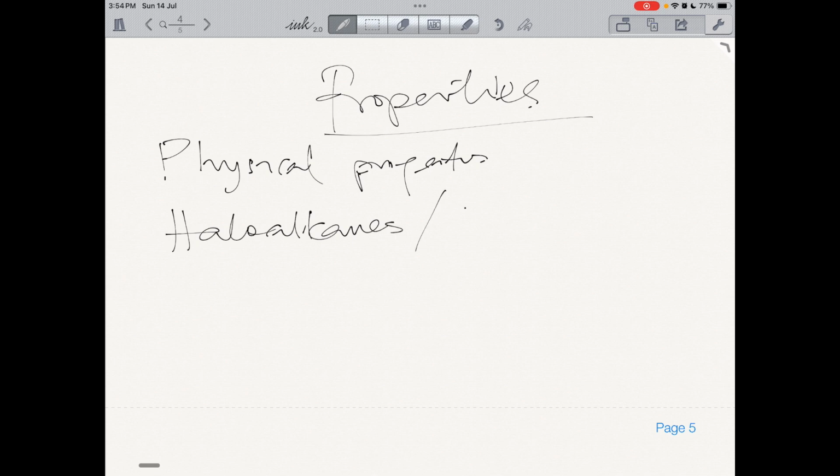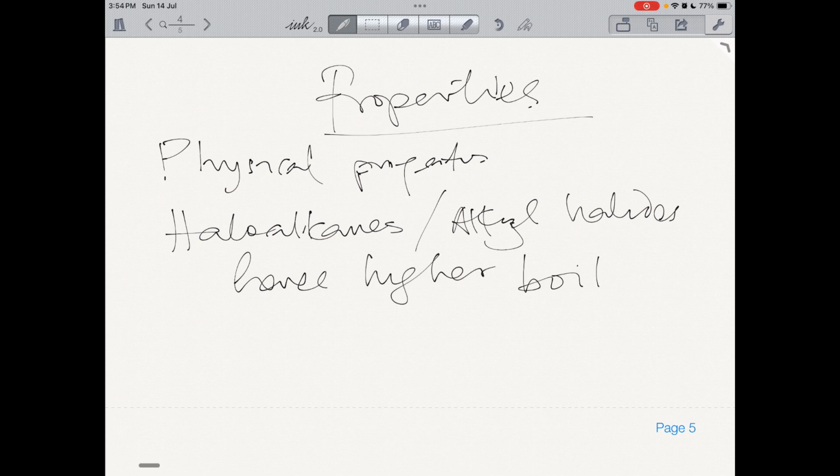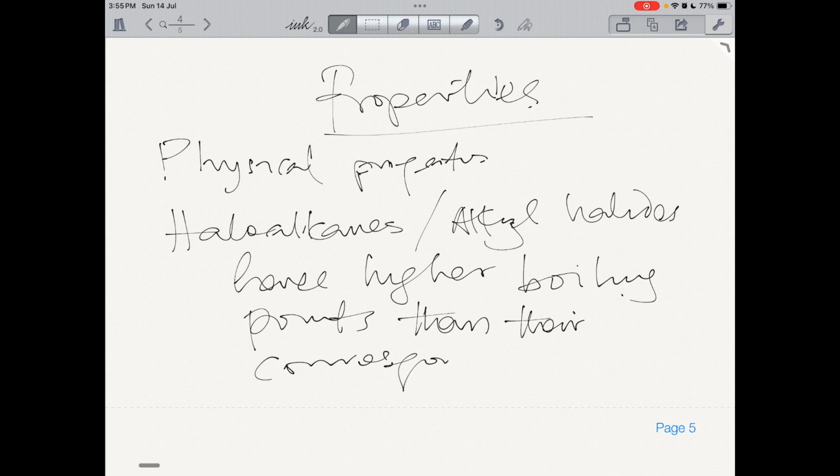They have higher boiling points than their corresponding alkanes. So what does that mean?